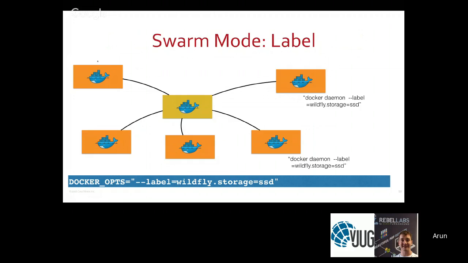Another cool feature that you want to understand, particularly very relevant from the Swarm mode perspective, is how each Docker host or Docker node could be assigned labels. So you can assign labels. In this case, I'm saying Wildfly:storage equals SSD on the 2 nodes on the far right. To the Docker daemon, I've assigned these labels.